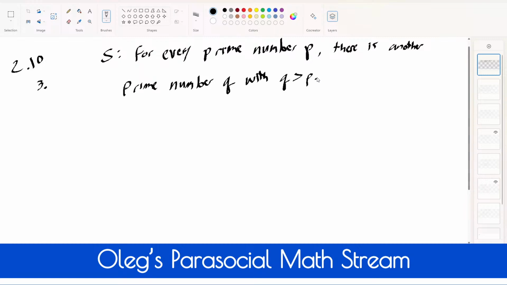So that sounds like a true statement, because if you start at the first prime number 2, then there is 3. And yeah, the primes go on infinitely. So any prime that you pick, there's always a bigger prime than that. It just means the numbers go on forever. Basically, what that statement tells you is the prime numbers go on forever.